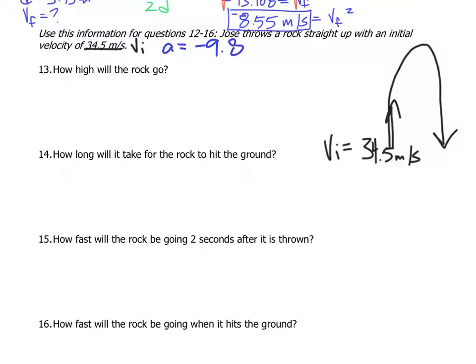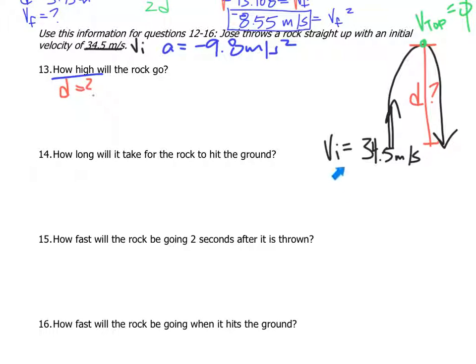Okay, so I want to know how high the rock is going to go. So I'm really looking for D. So D is unknown. I've got VI is 34.5, A is negative 9.8. I want to solve for D. I also know, what we mentioned on the previous slide, is that at the highest point, the velocity at the top is 0.